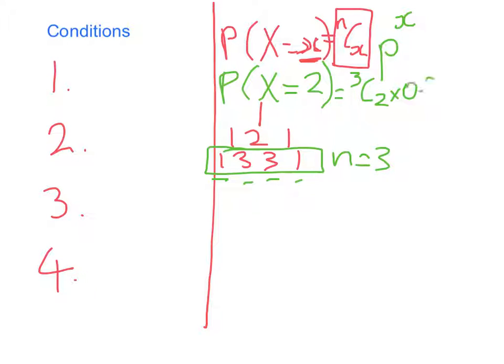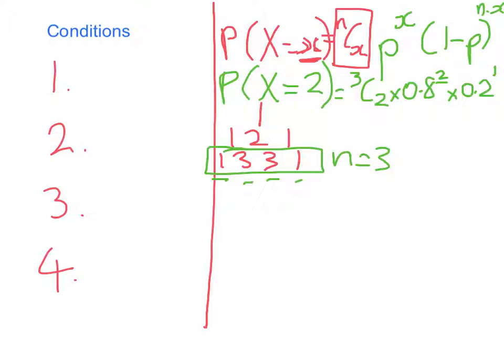We had 0.8 squared, and that left us with 0.2, or 1 minus p, to the power of n minus x. So we've used up 2 out of the 3, so this must be 1. Okay, so that's my formula for the binomial distribution.